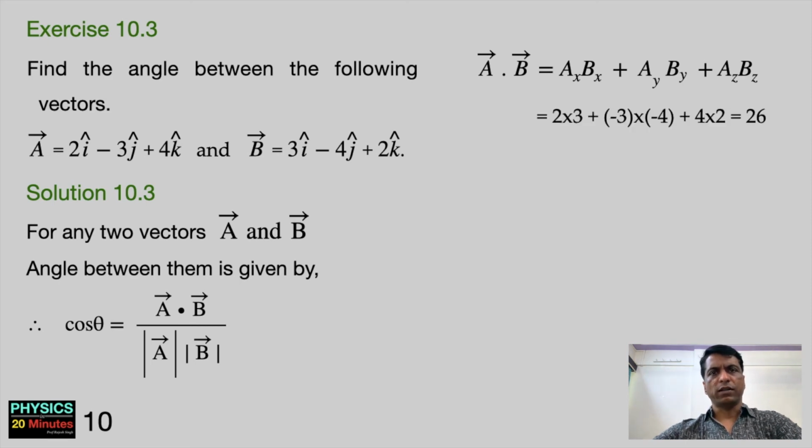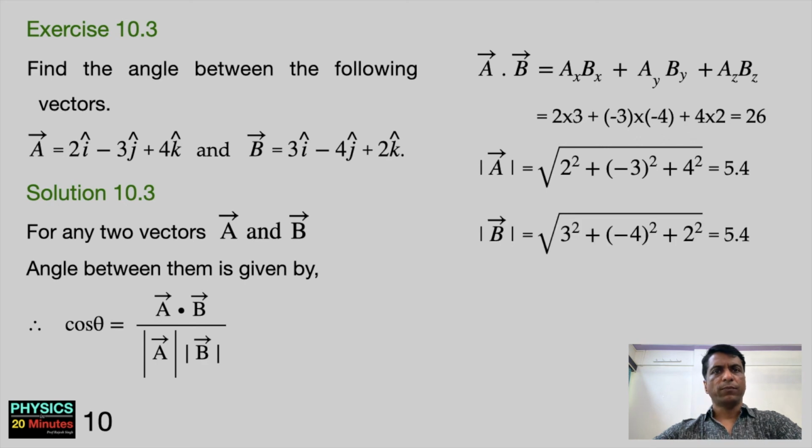If you substitute the values of the components and solve, you get A dot B as 26. Then we have to find out magnitude of A and B. Magnitude of A will be root of 2 square plus minus 3 square plus 4 square, which is 5.4. Magnitude of B is root of 3 square plus minus 4 square plus 2 square. If you solve it, you will again get 5.4.